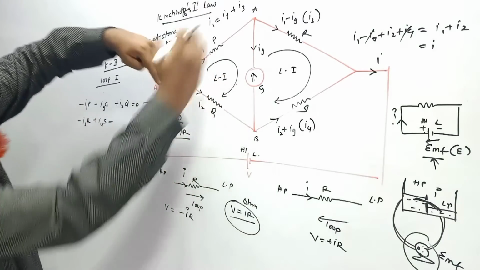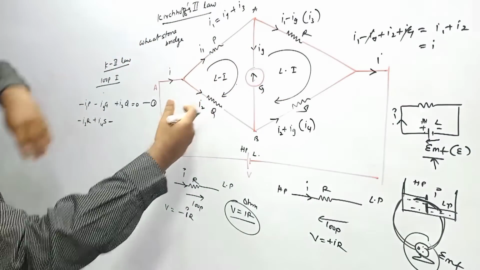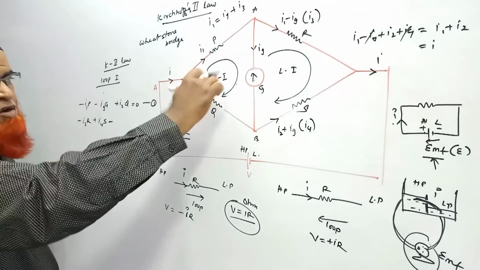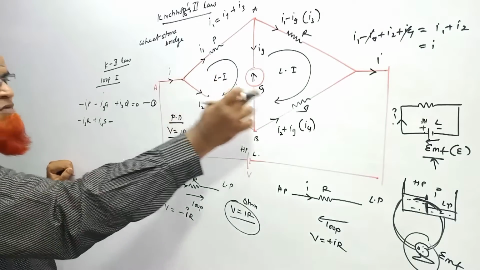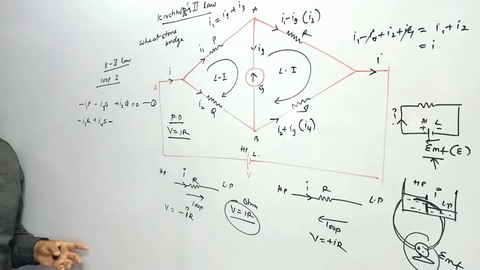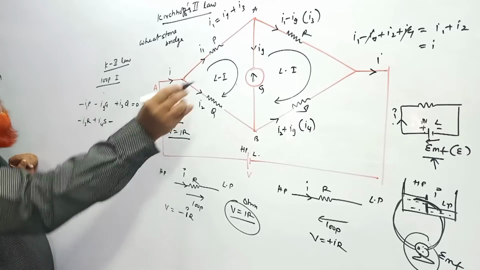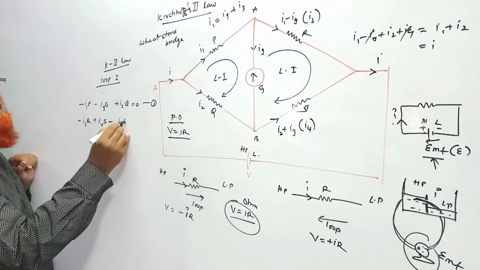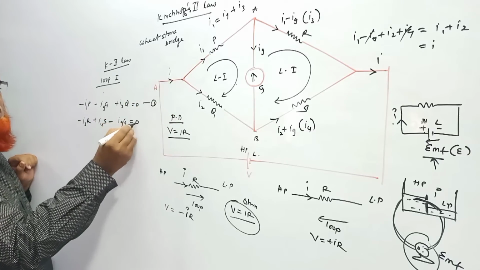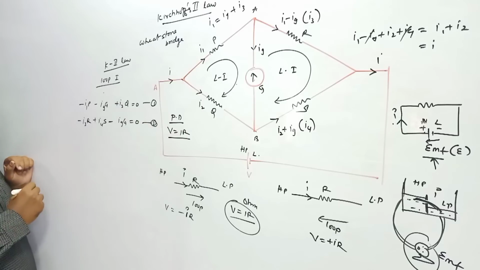Current is moving like this. Loop is clockwise. You can take anti-clockwise also, but if you take this as anti-clockwise, this also should be taken as anti-clockwise. One clock, one anti-clock. So what is remaining now? Ig into G is equal to 0. This is equation number 2.